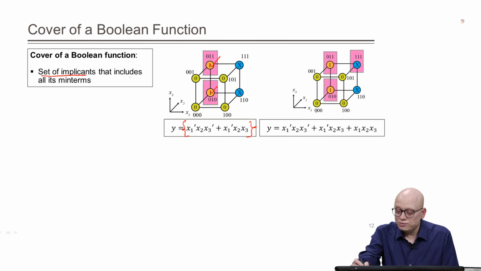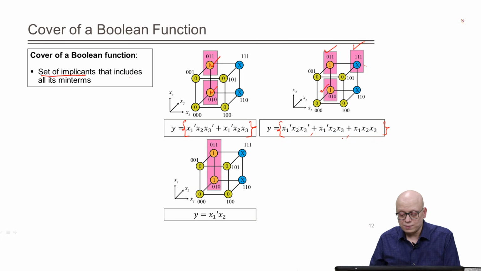If we consider these 3 implicants, then this set of 3 implicants covers both the ones. Of course, one is covering a do not care, but that is okay. So, this is again a cover, the set of these three implicants is a cover.